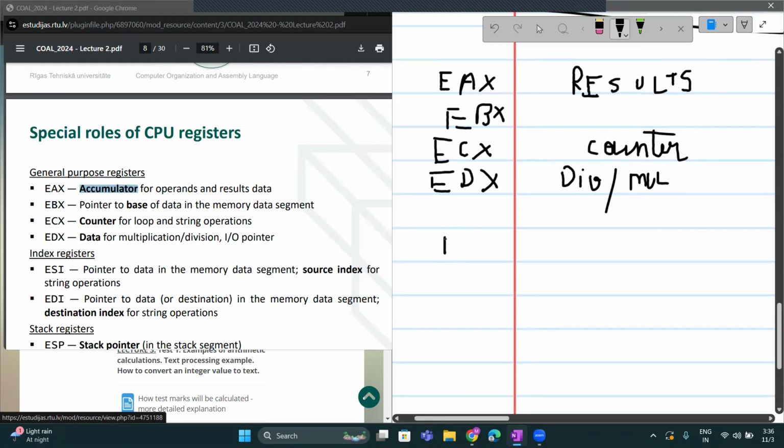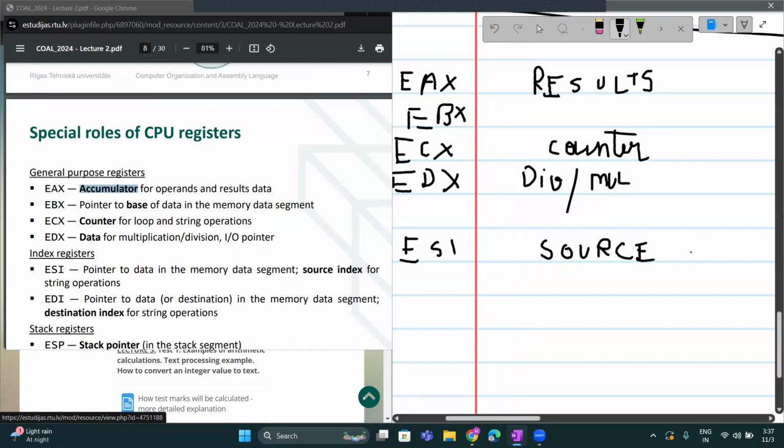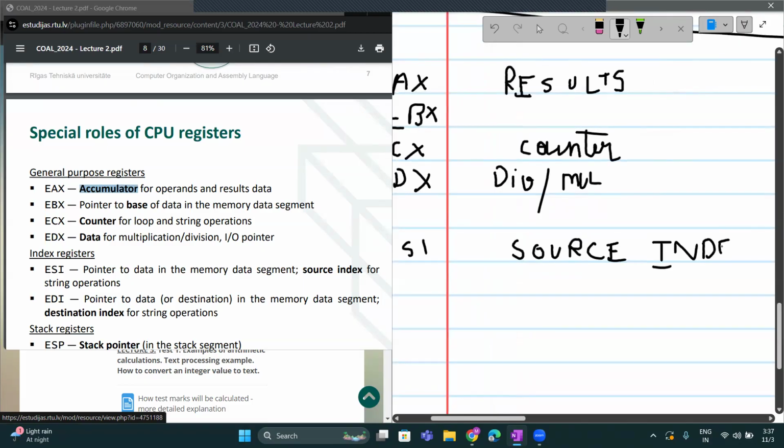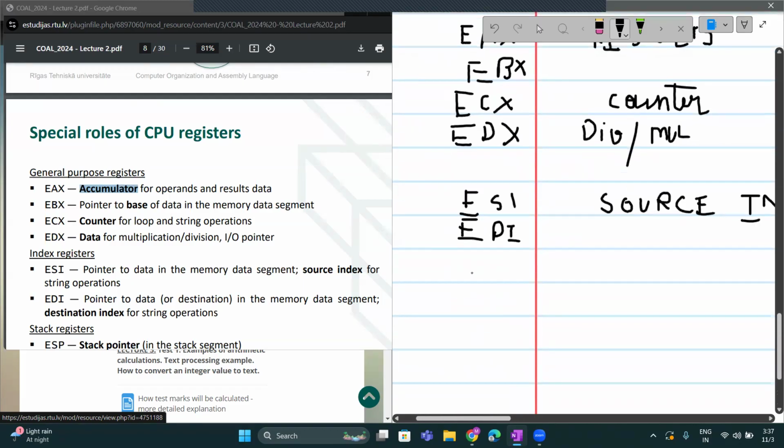And then there is ESI, as the name suggests, the source index. It's used to point to the index. EDI doesn't have a specific use.